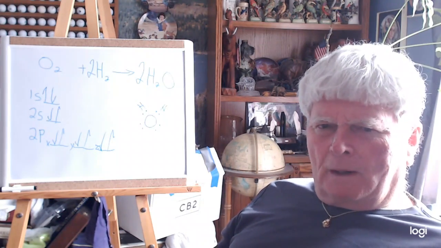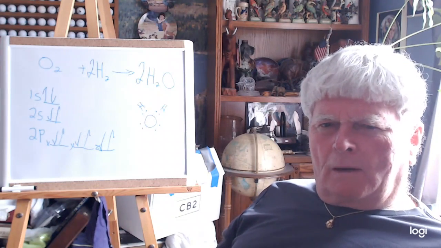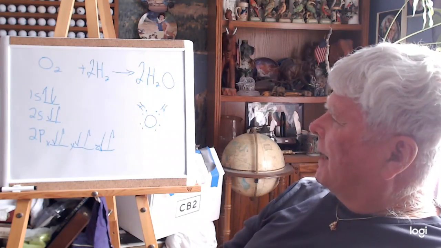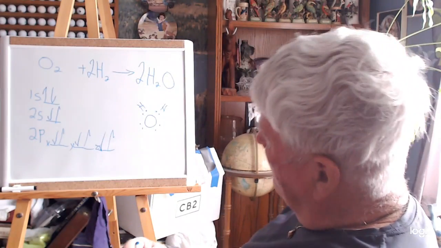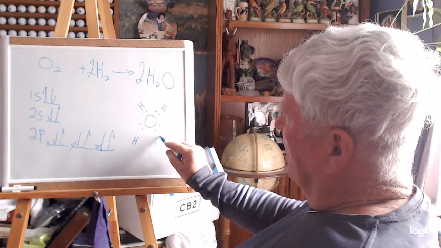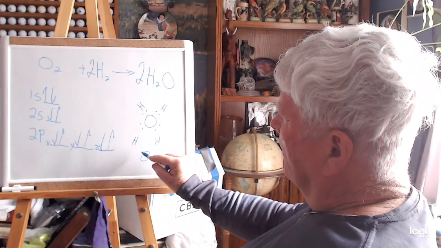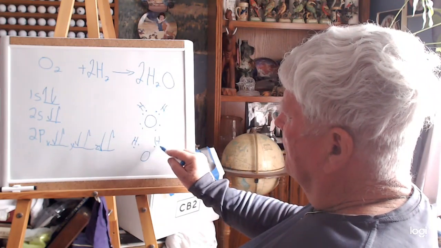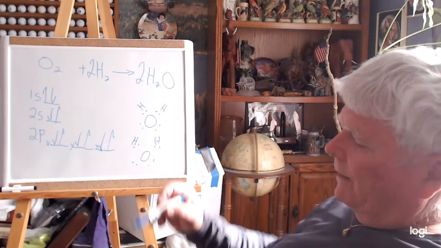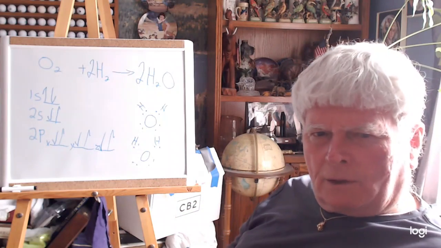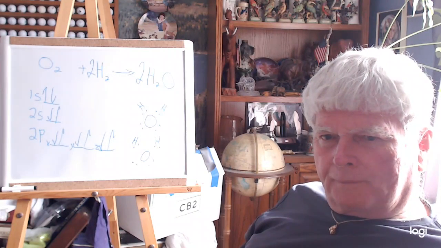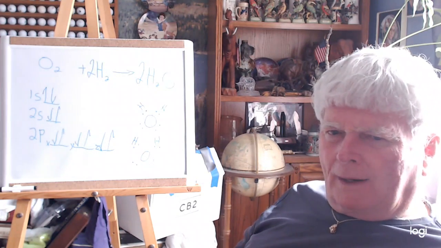For instance, to prove that water molecules have an adherency one for the other, in other words, a positive end of the next water molecule down below would adhere or attract to the negative side. The hydrogen would attract to the negative side of the water molecule.